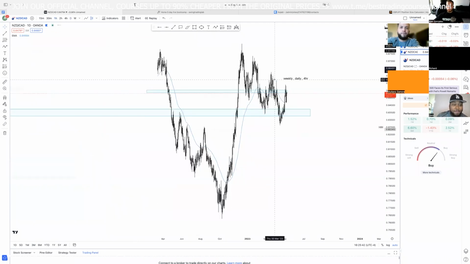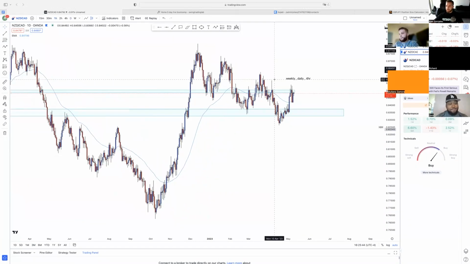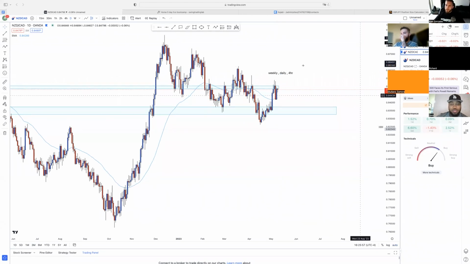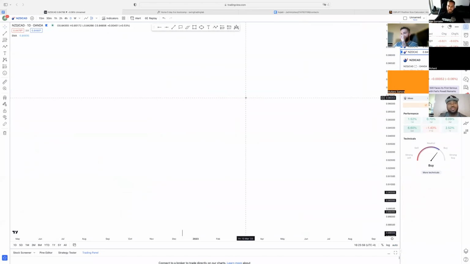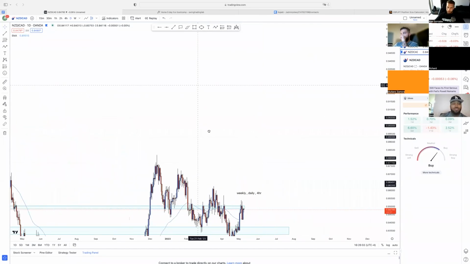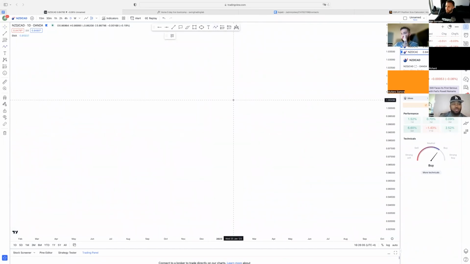If you guys are with me so far, type 1. If not, type 2. If you have any questions, this is your moment before we move on. All right, perfect. We're seeing a bunch of ones. So we need to understand how to properly identify these markets. 90% of you guys don't know how to read the market, whether we're bullish or bearish.